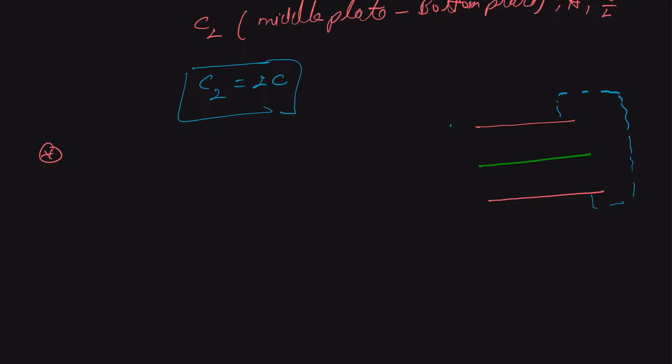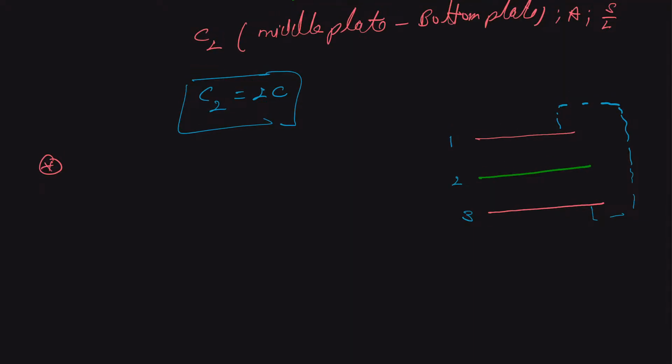Let us call this plate number 1, this plate number 2 and plate number 3. So plates 1 and 3 are connected, so they are at the same potential.